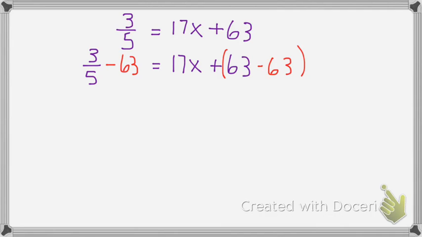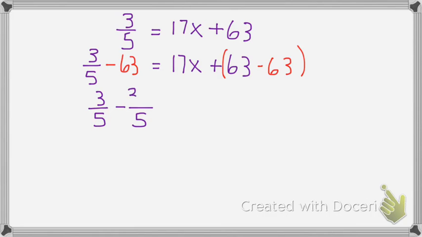Okay, so this right here becomes 0. So I've got 3/5 minus 63. So I want to write 63 as fifths. So I'm going to need to take 5 times 63. So 5 times 60 is 300. 5 times 3 is 15.